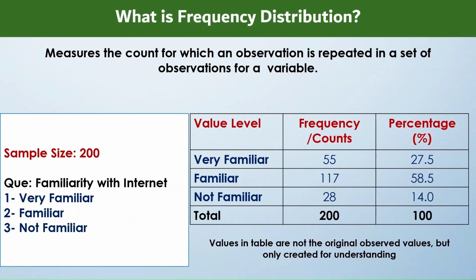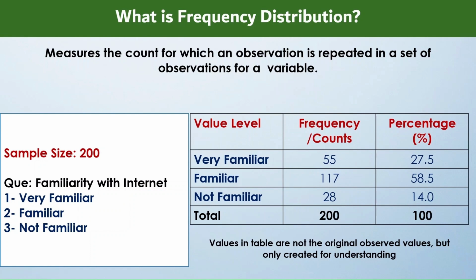Here 1, 2 and 3 are the numerical values assigned to the three categories of the variable, that is familiarity with the internet, or we can say that 1, 2 and 3 are the codes assigned for recording the data in Microsoft Excel or SPSS.